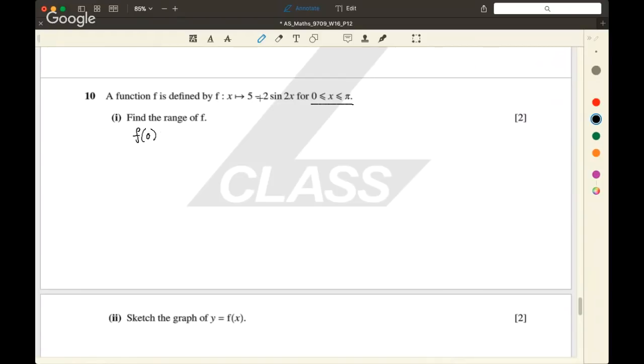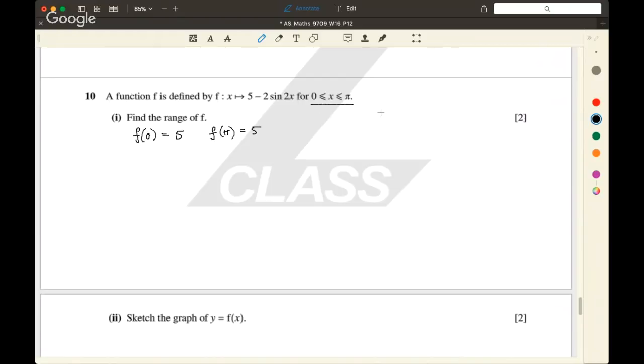So f of 0 is 5 minus 2 times the sine of 0. So that's 5 minus 0, which is 5. But if you test f of pi, you'll find that it becomes the sine of 2 pi, which is also 0. So this is equal to 5. So this can't be the range unless f is always 5.